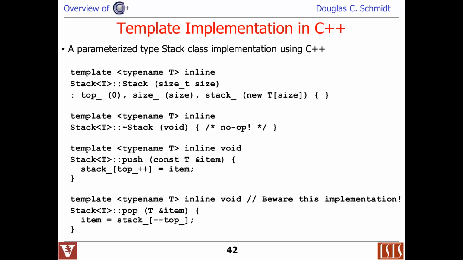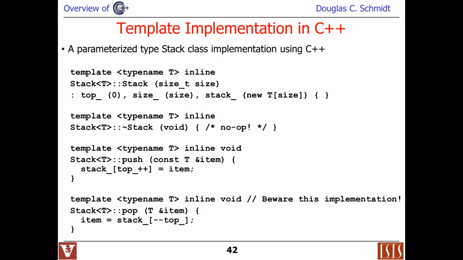So the problem is as follows. If top or pop both remove something and return it, then what happens in the situation where we make a copy of this guy? Okay, so we've decremented top by 1. So we've just lost the top item of the stack. That guy's gone, right? And then we think we're going to go ahead and assign this thing over to here, but there's an exception that's thrown at this point in the program.